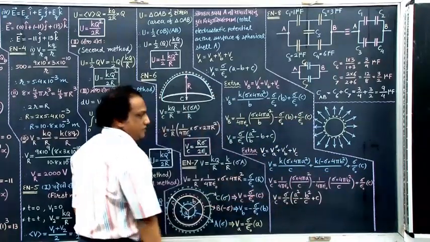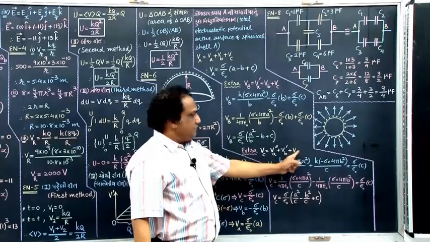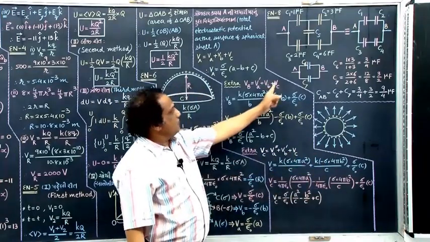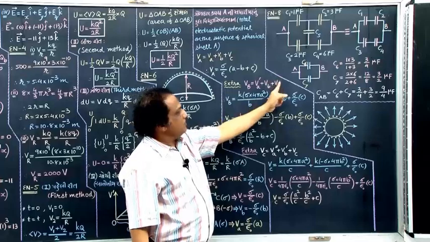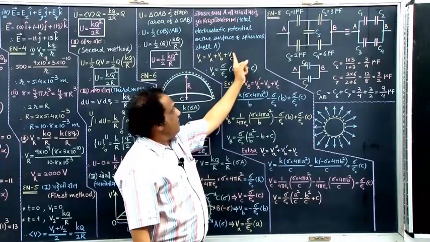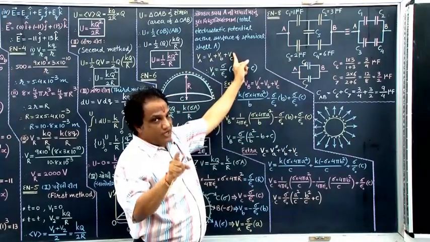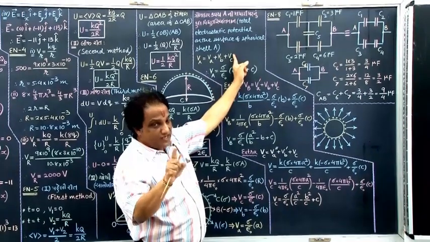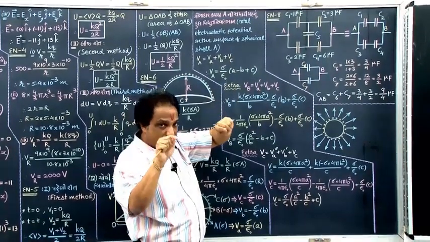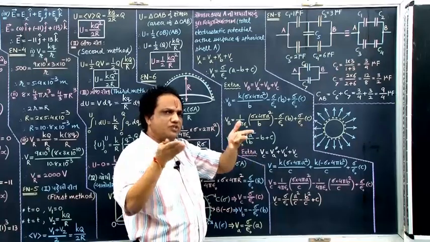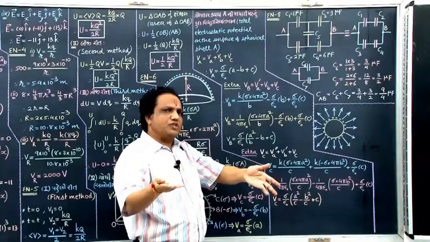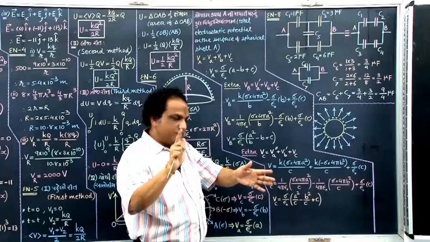Correct? I repeat. Why is VC same? Because here also we had used VC, here also VC, correct? Everywhere it indicates the potential on the surface of third cell C because of its own charge, and it is a point on the surface of a charged cell. Then what is potential formula? K into charge upon radius.